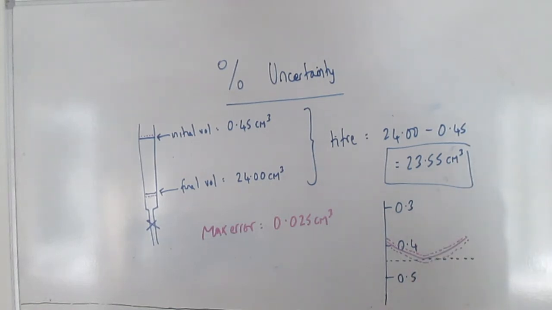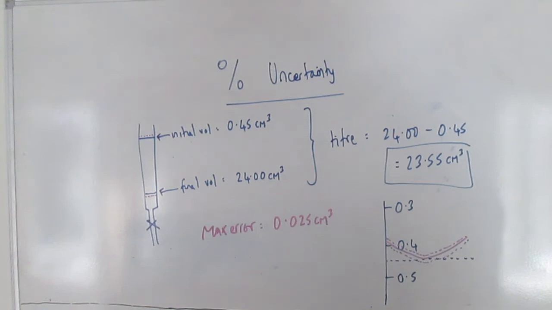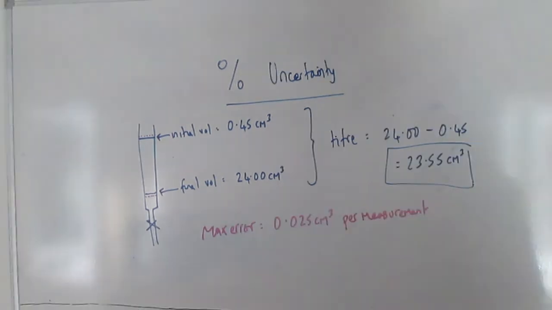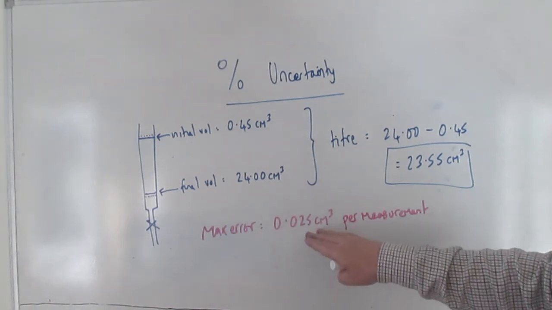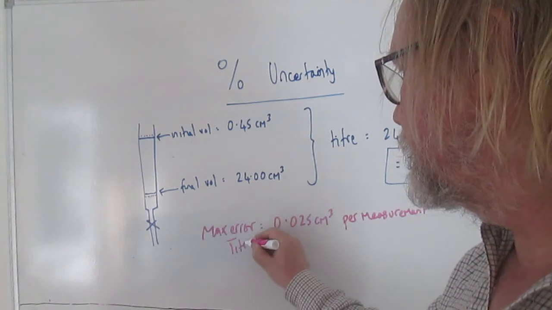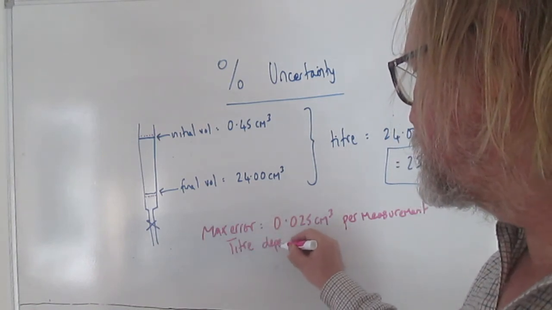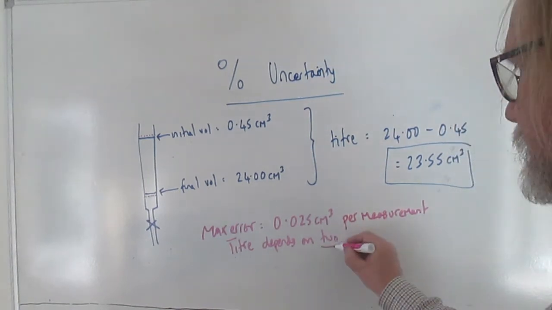So what does that mean? Well, all it means is that when the value you're using depends on two measurements, you have to add up the maximum error on each individual measurement. So there we have it then. We've got the maximum error is 0.025 cm cubed per measurement, but the titer depends on two measurement readings, the initial one and the final one.